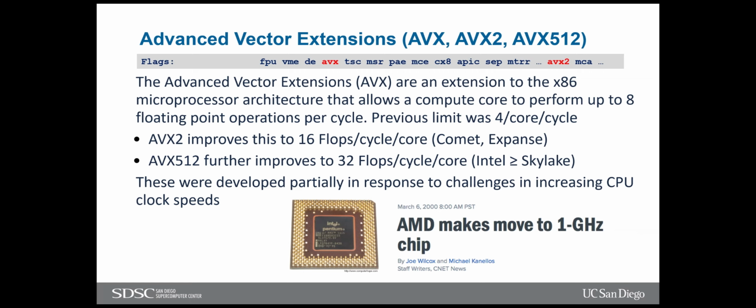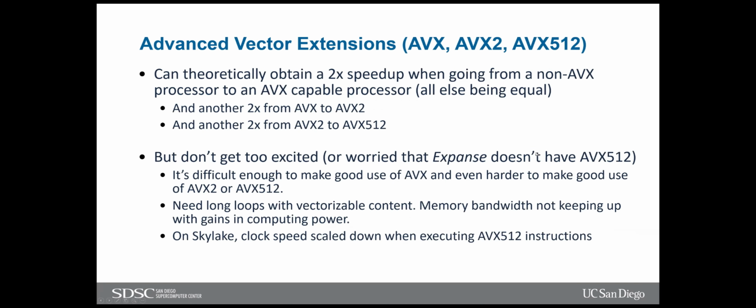However, if you have code that can take advantage of AVX 512, you can go onto the Access portfolio and see which systems have it. Specifically, Skylake does have AVX 512. Again, just because it's there doesn't mean your code can handle it.